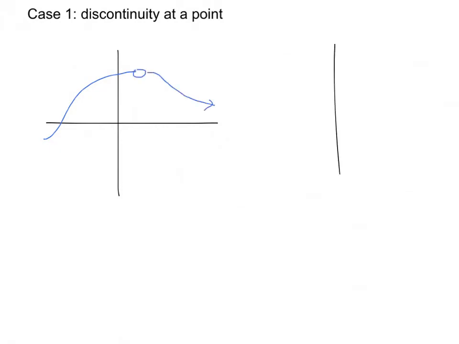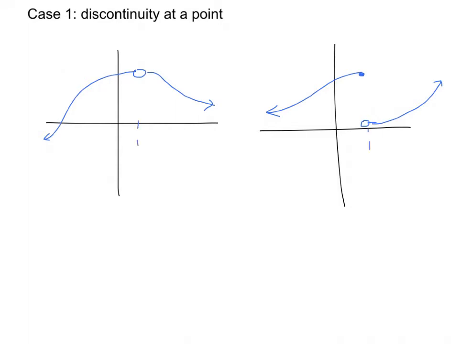So the first case is if a function is discontinuous at a point. So let's say that we have a function that is like this. Or, I mean, even if we had a worse discontinuity, right? If we had something like this. In both of these cases, and I guess what I'm getting at here, let's say that this is x equals 1 in both cases.